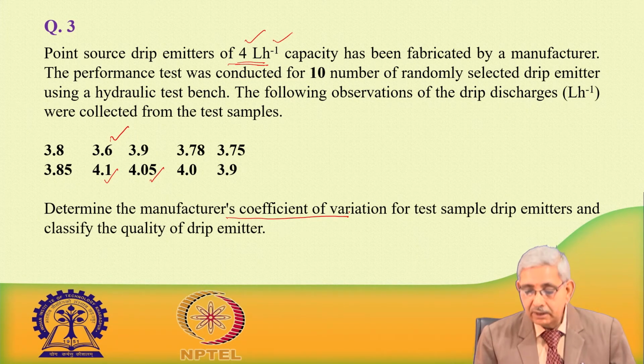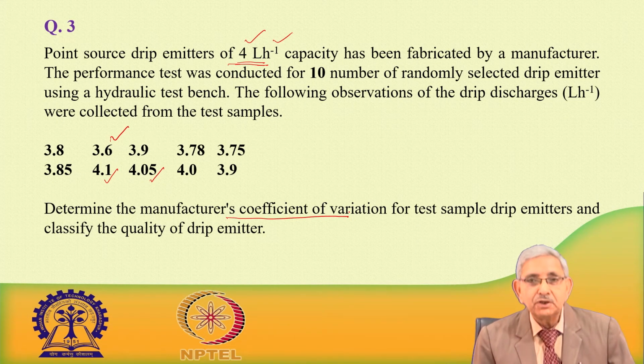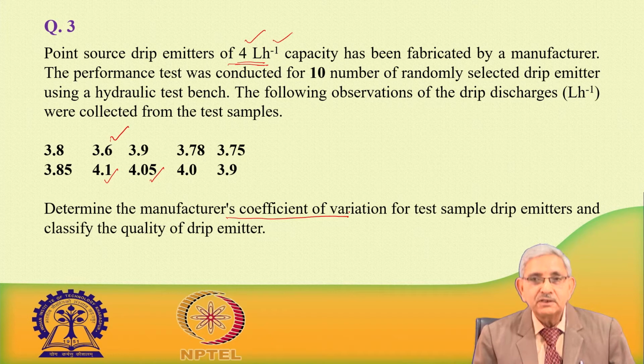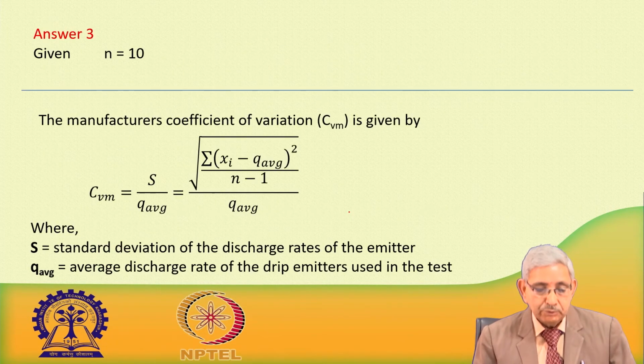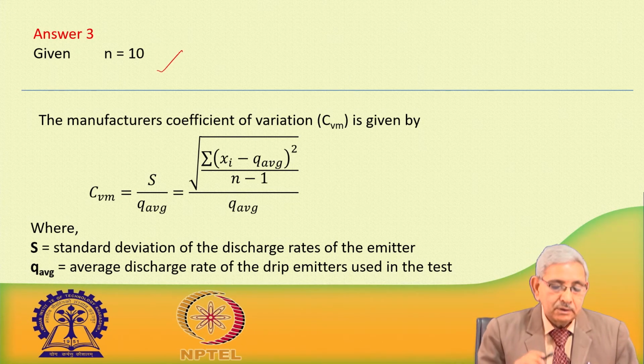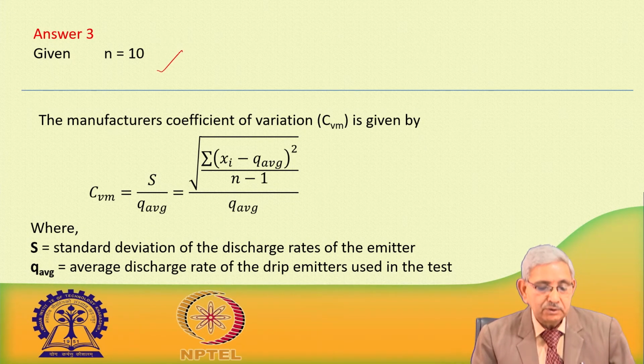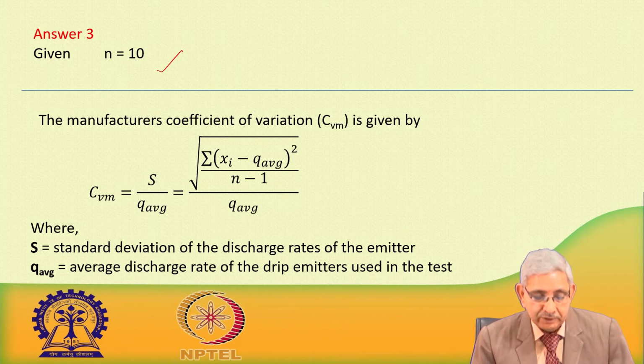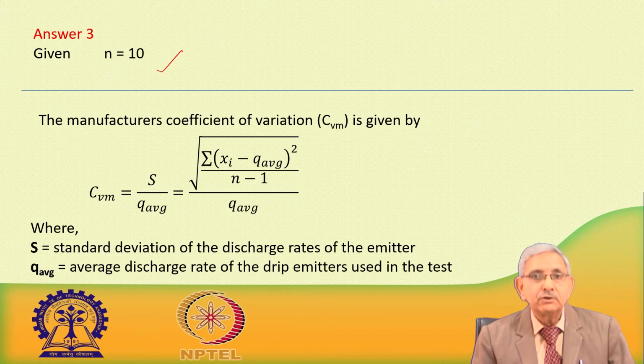And for the test sample, we also need to see whether it qualifies the particular value. We are given n equal to 10, and we need to find the manufacturer's coefficient of variation, that is, the standard deviation divided by Q average.